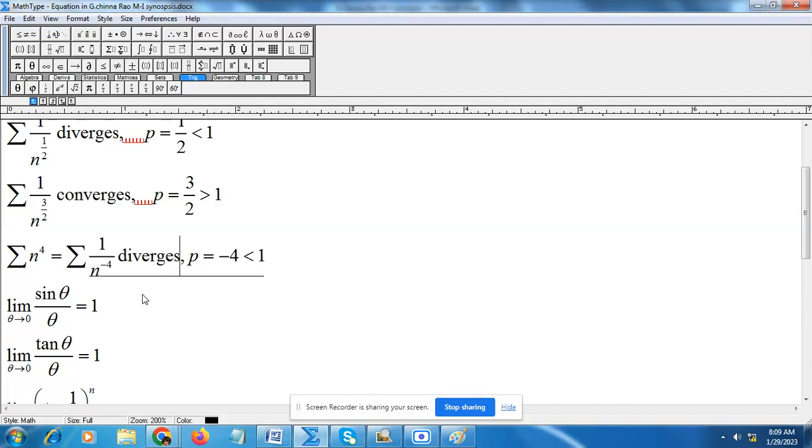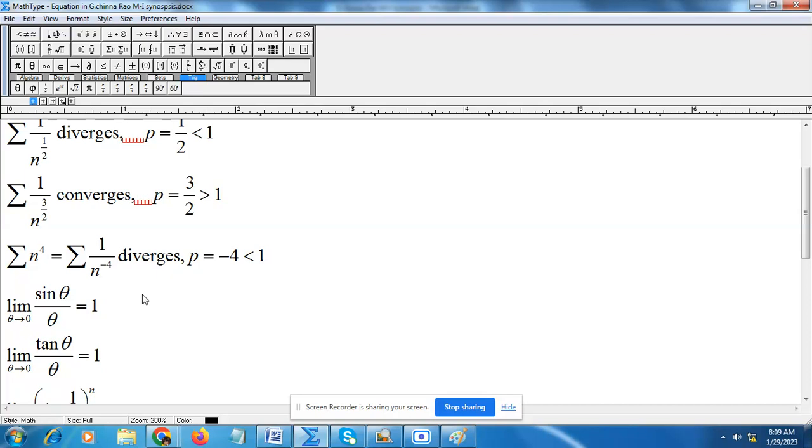Whenever we have a test, that means you have to write it in 1 by n power p. If it is in 1 by n power p, then only we decide converge or diverge. If the p value is greater than 1, then it converges.